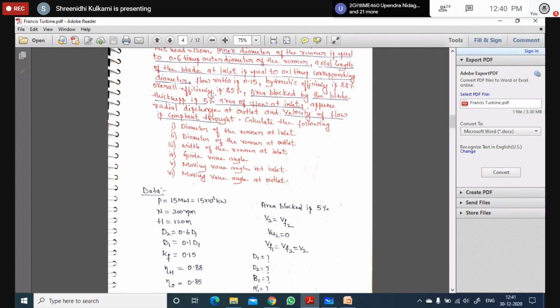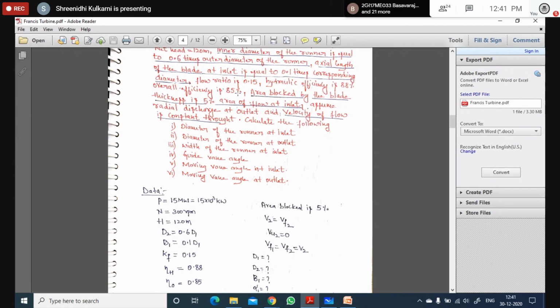Next, flow ratio KF is 0.15. Hydraulic efficiency is 88%. Next, the overall efficiency is 0.85 or 85%.